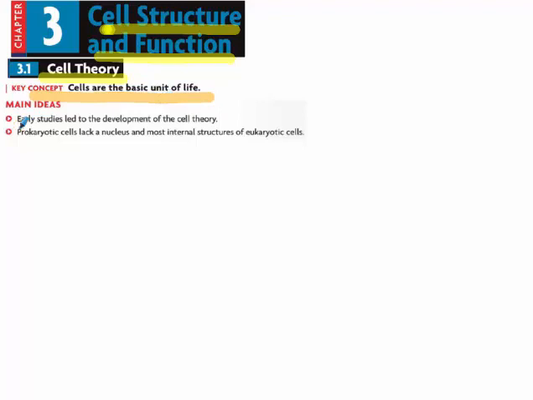Then the main ideas that we will come across include: early studies led to the development of the cell theory; prokaryotic cells lack a nucleus; and most internal structures of the eukaryotic cell. Now we will go directly to the first part of this lesson.